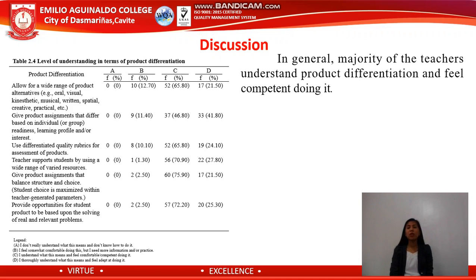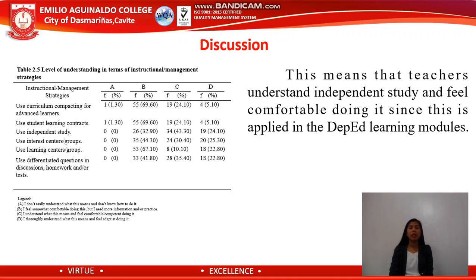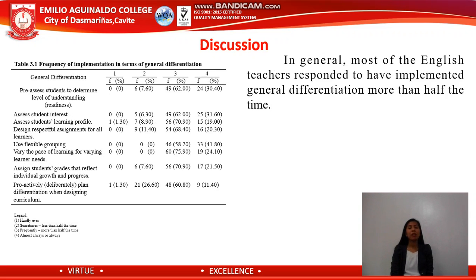In general, the majority of the teachers understand product differentiation and feel competent doing it. Table 2.5, understanding in terms of instructional or management strategies. This means that teachers understand independent study and feel comfortable doing it, since this is applied in the DepEd learning modules.